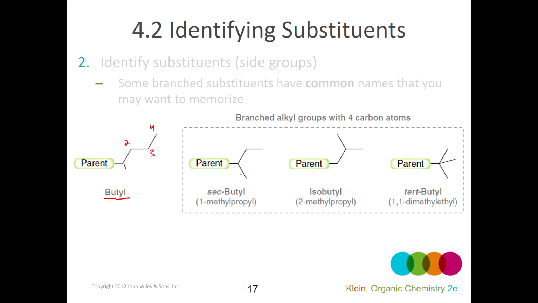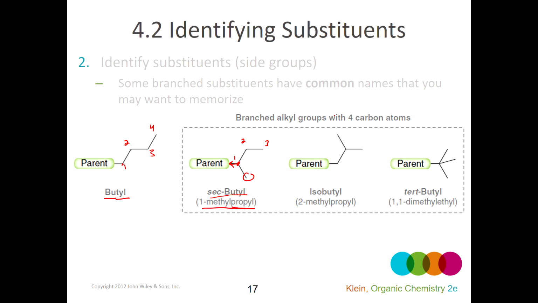If there's a site of branching here, I could call that sec-butyl because it's the second carbon of the 4 carbons that's actually connected to the parent rather than the first carbon. Or I could call it a 1-methylpropyl because I have 1, 2, 3 carbons that I can count in a row as part of that substituent, so that makes it a propyl. Prop means 3. And there's a methyl on carbon 1 of that propyl. So 1-methylpropyl is the same as sec-butyl.